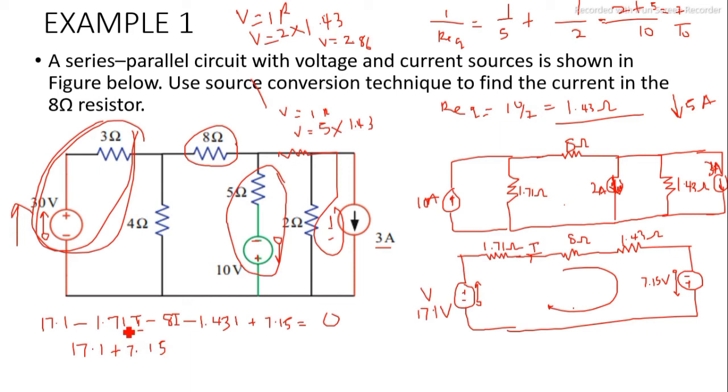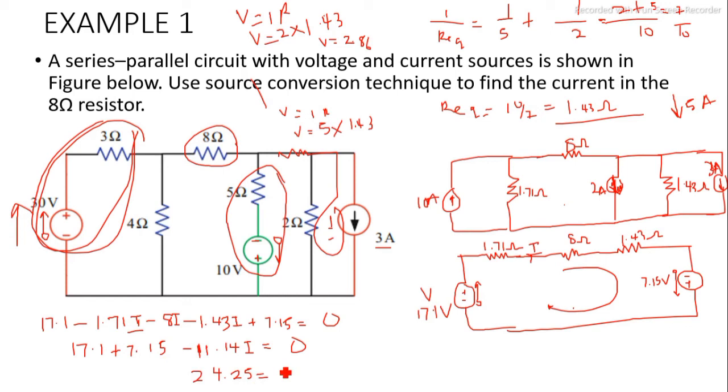Then minus 1.71, minus 8, minus 1.43 will give you minus 11.14 I, equals 0.